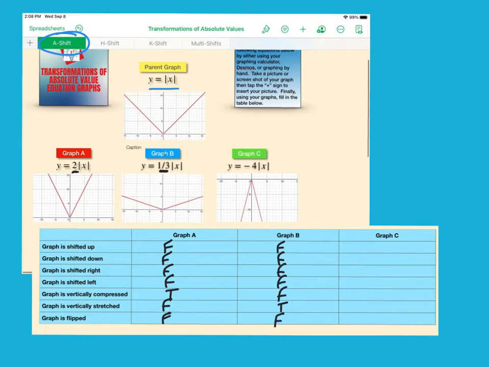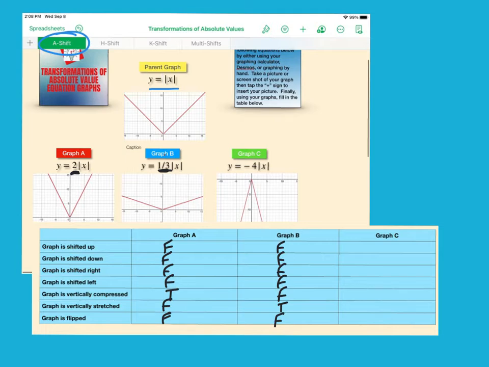So if a number like 2 is going to make something compress, but a number like 1/3 is going to make it stretch, what number is out here? Isn't that just a 1? Let's think about that. It is. So what do we think that means about this 2 and this 1/3? Just think about it.